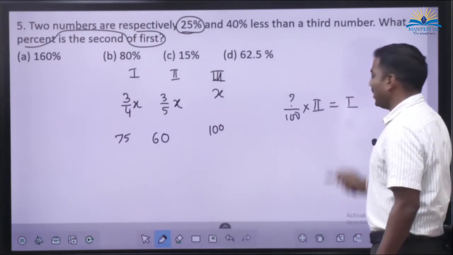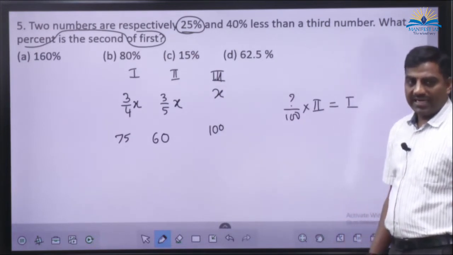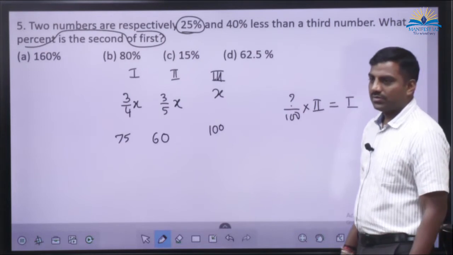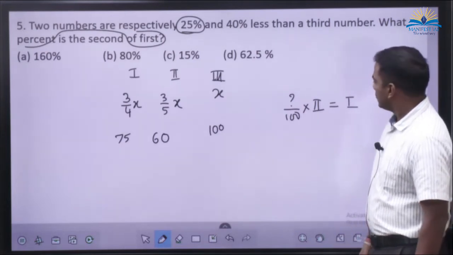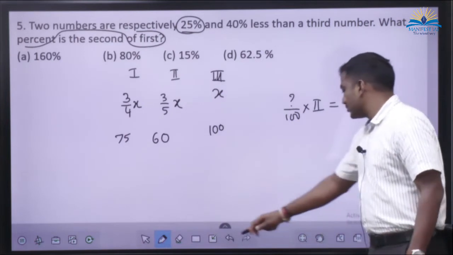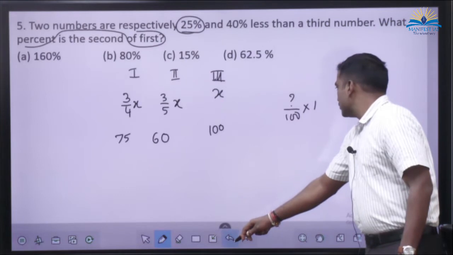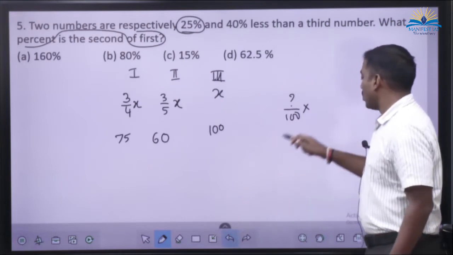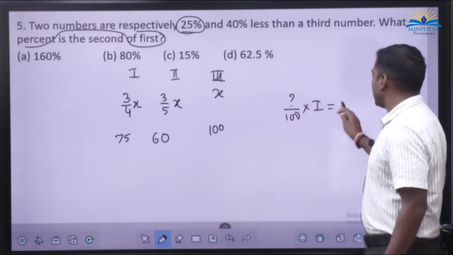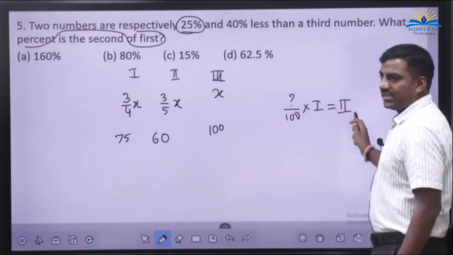Simple. Oh, of the first. I'm sorry. What percent of the first is the second? What percent of the first is the second?